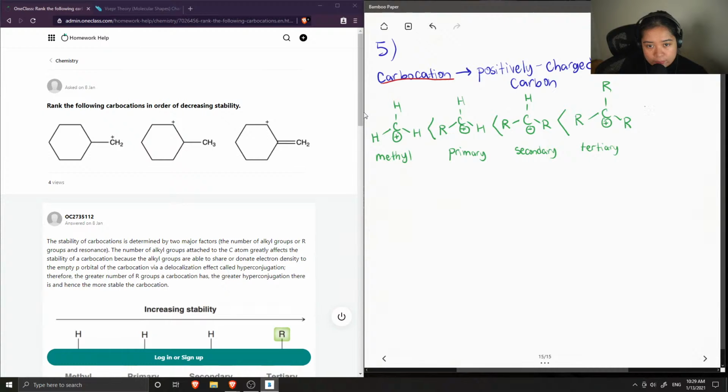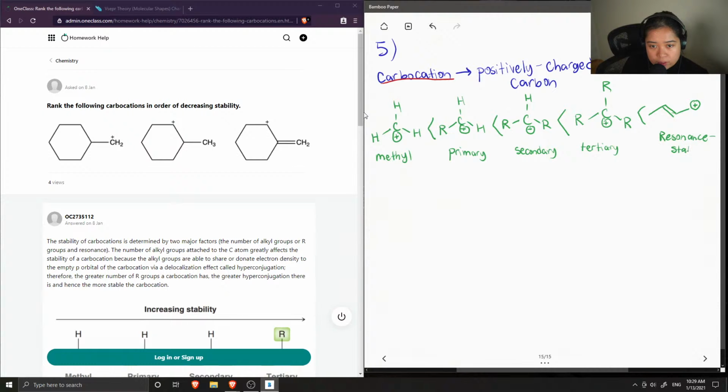But finally, the most stable carbocation you can have is something called a resonance carbocation. So this is when there's a double bond beside our positively charged carbon. So I'll just call this resonance stabilized.